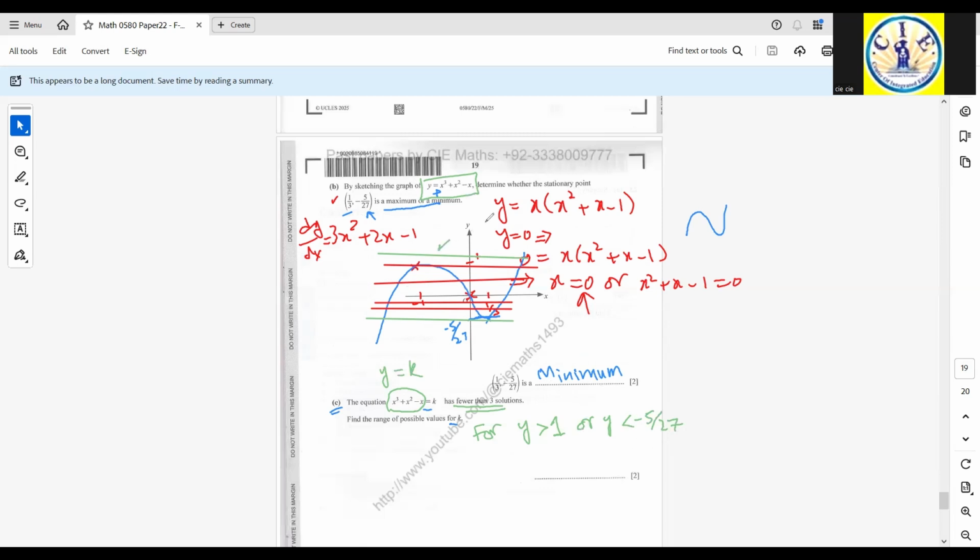It is intersecting the graph once in this range. Now if you draw the horizontal lines in this range, that would be having fewer than 3 solutions. That means the lines are going to intersect the graph fewer than 3 times.